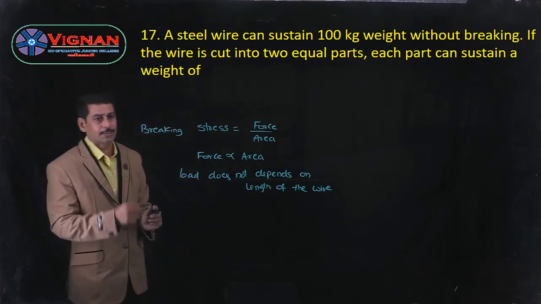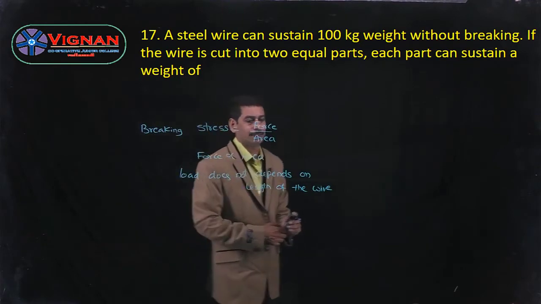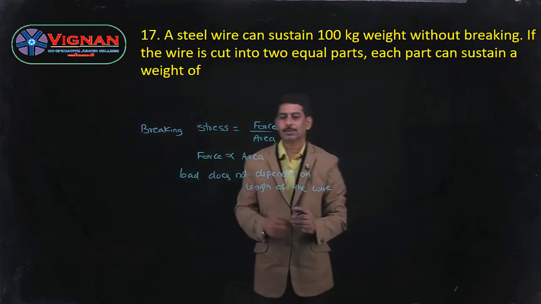So the wire is cut into two equal parts, so each wire can sustain a 100 kg weight because load does not depend on length of the wire.